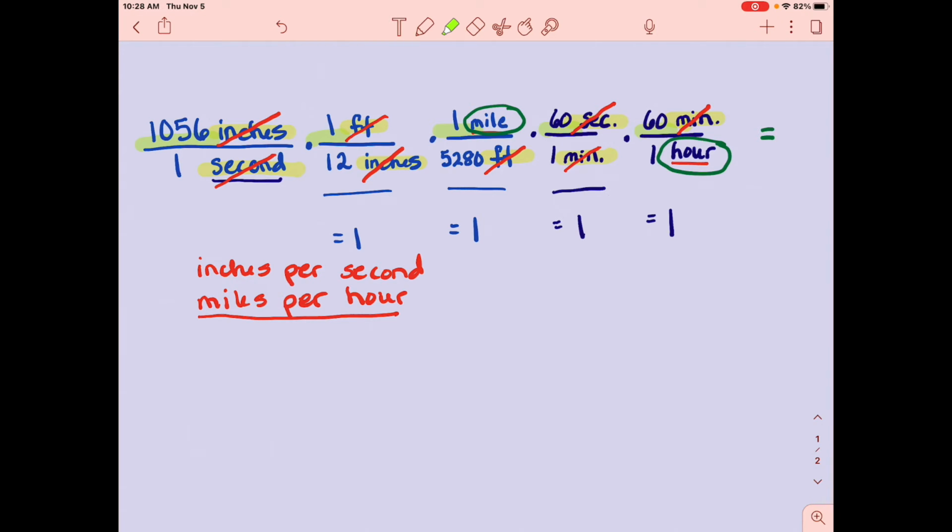And on the top, that makes a great big number. I'm going to write it down here. Oops, that's my highlighter. Let's use a pencil. 3801600. Okay, that would be miles, because that's what's on top. Over, now I have to do the math that's on the bottom.